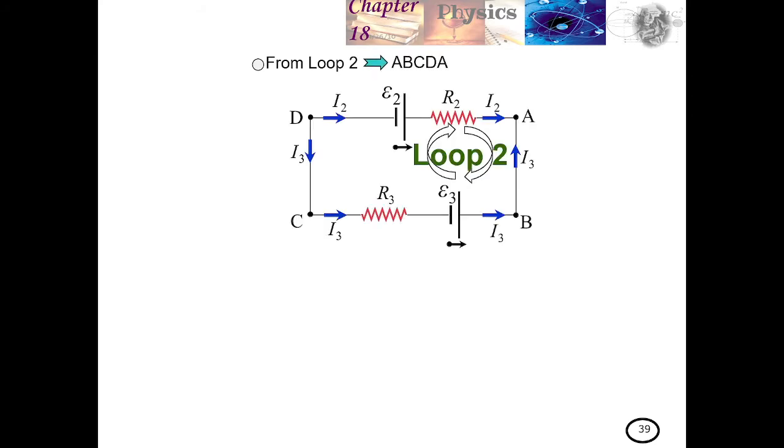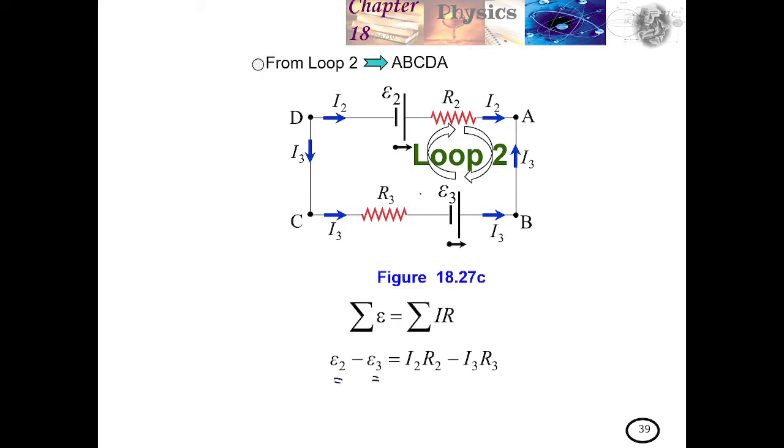From loop number 2, A, B, C, D, A, you can see there is some difference from the first loop. It is E2 minus E3. It is minus because the directions of the two are not the same. E2 and E3 produce currents that are not in the same direction; they are opposed.